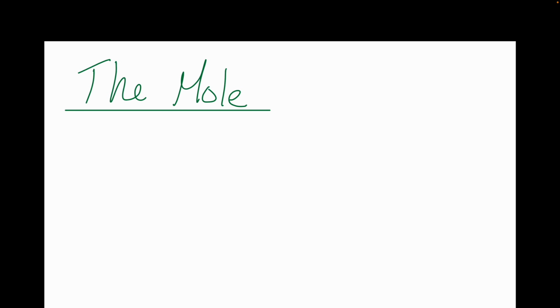All right, the mole is giving us the amount of atoms or molecules that we have present. Okay, so when you hear this measurement, 3 moles, really it's telling you how many atoms or molecules you have in that sample.